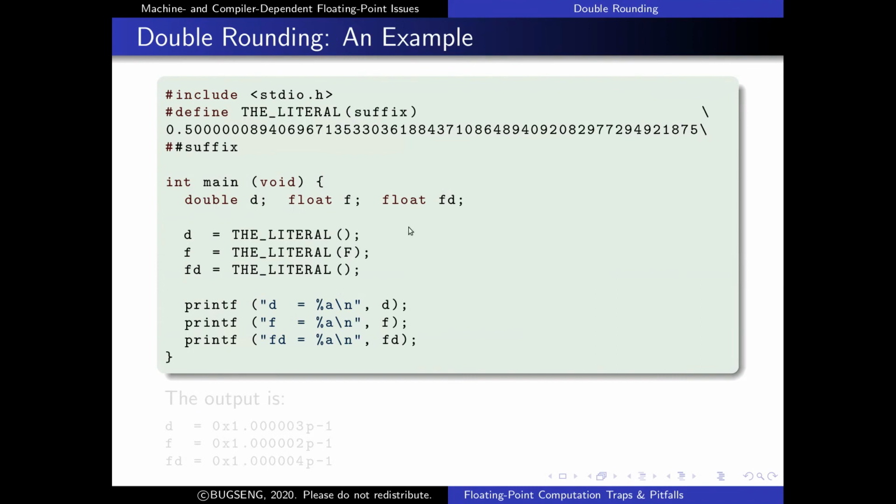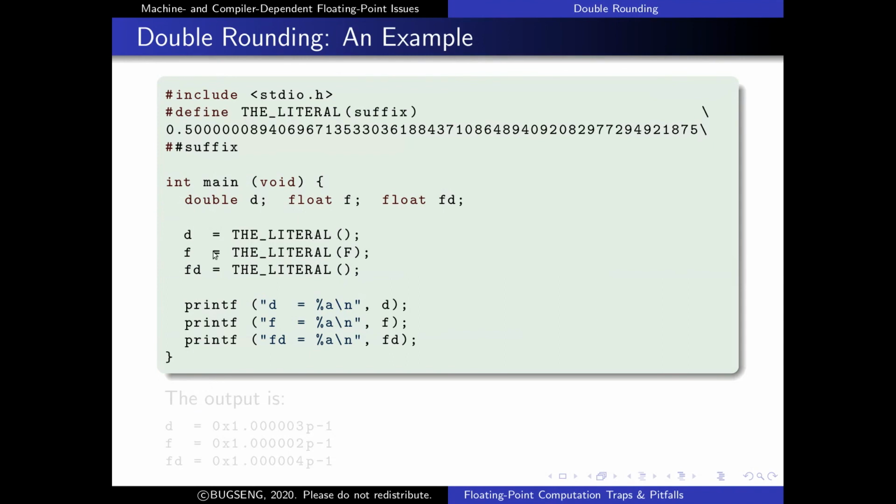If you put an F suffix, it has float type, and if you put an L at the end, it will be a long double constant. Here we have three variables: one is a double, and one and two are floats. Double d is initialized with the literal without any suffix.